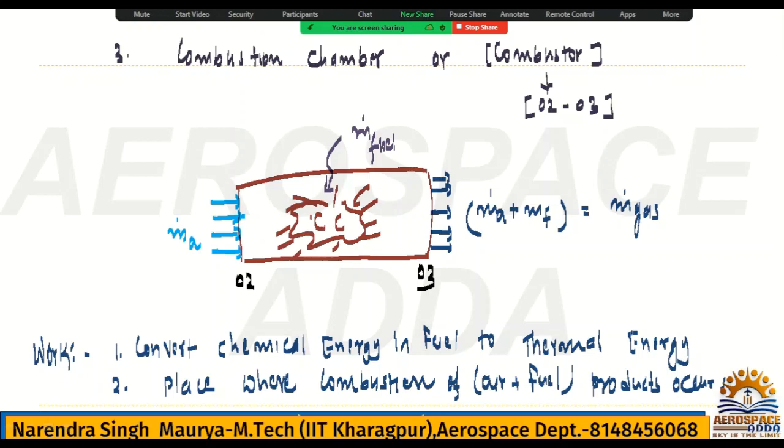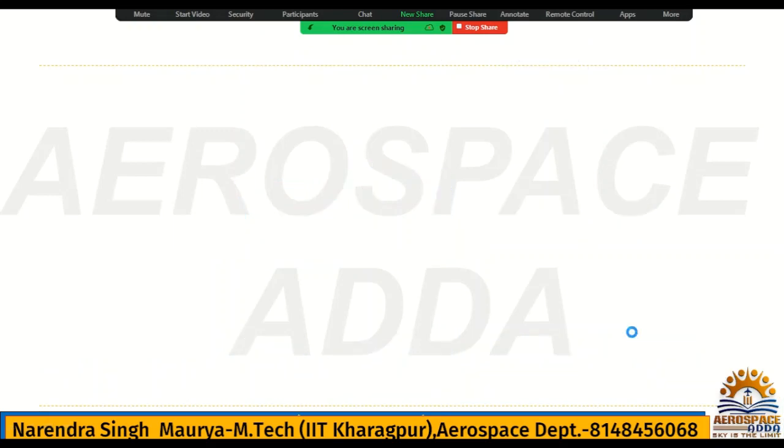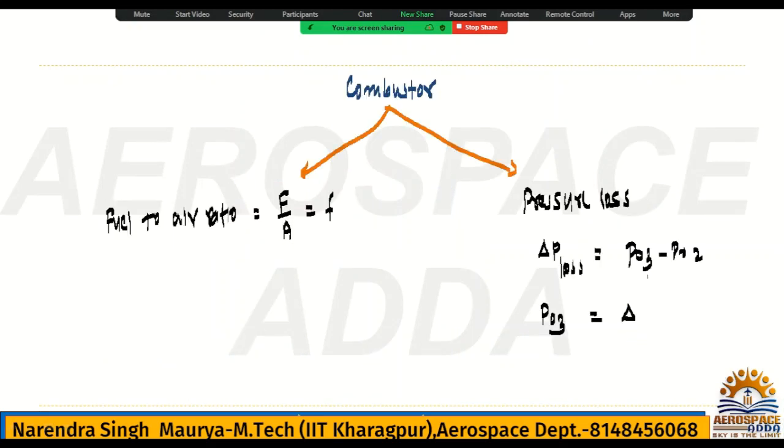So definitely there is a loss of pressure, and the loss will be P naught 2 minus P naught 3, because after that the turbine and the rest will expand the flow, so pressure will be continuously decreasing. So here the pressure loss delta P is nothing but P naught 2 minus P naught 3. Let me correct this.